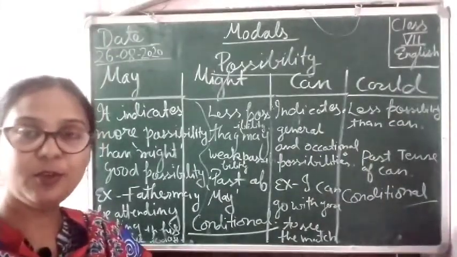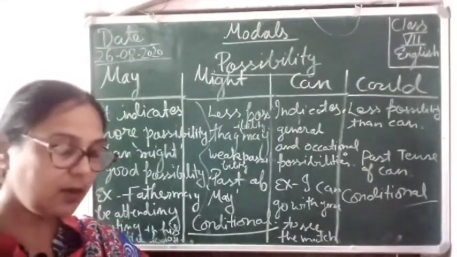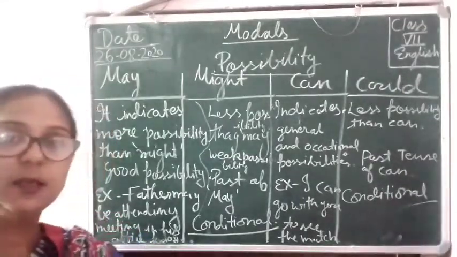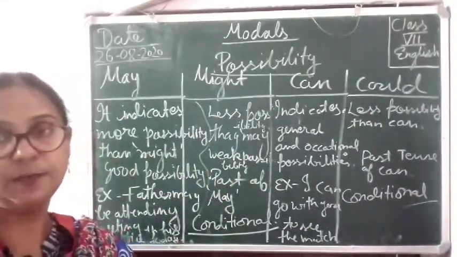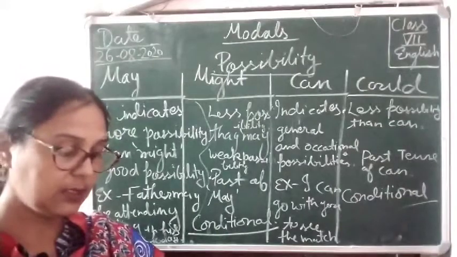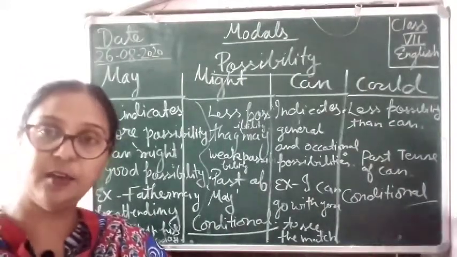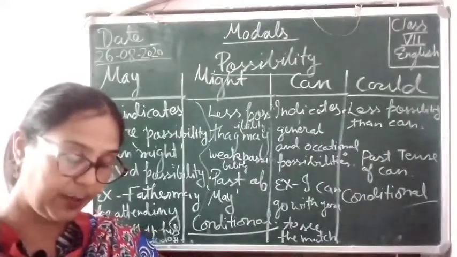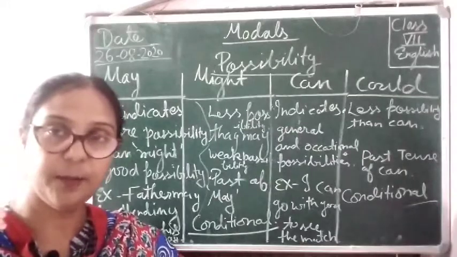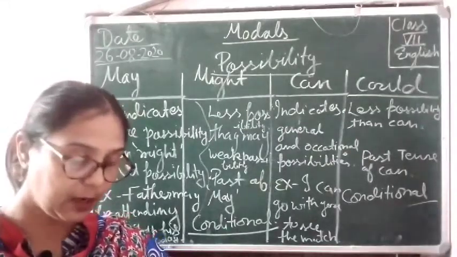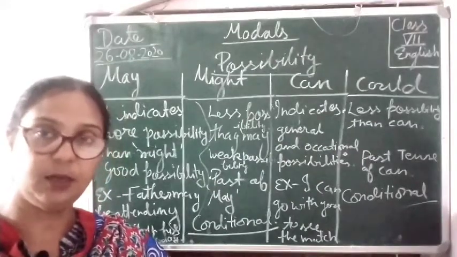Now we are moving to solving exercises based on these modals which can show the possibility. This is on page number 90. Take out your Mastering Grammar book, Cordova Publication, page number 90, and we are going to solve exercise D.